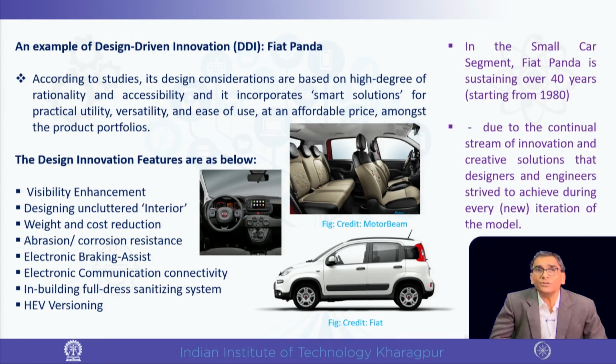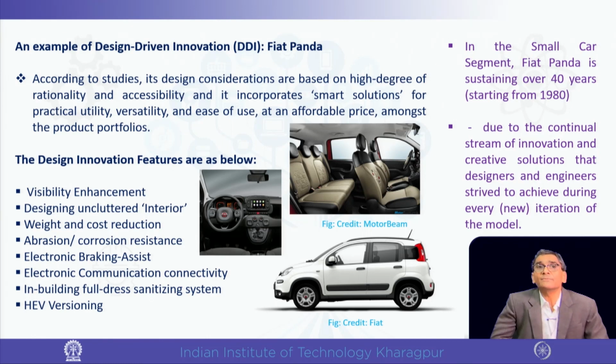Weight and cost reduction, by removing, say, the rail on the top of the car, which is used for snow and rain. If it can be removed, that weight will be lessened, and a few other things happen, so it reduces the weight and cost.